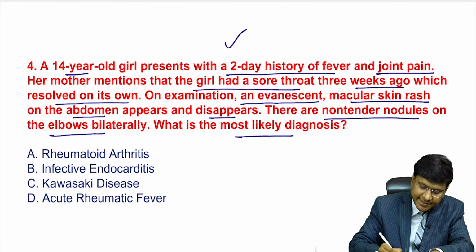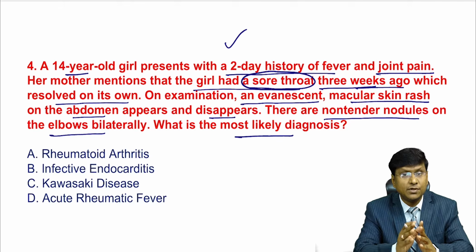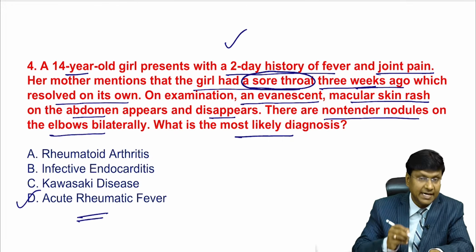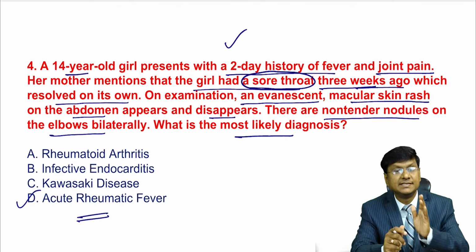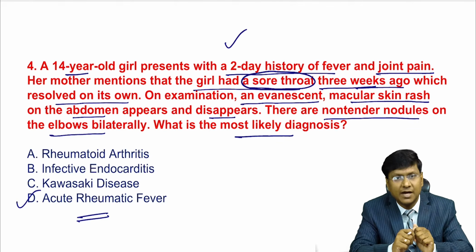So here the individual has a history of sore throat 3 weeks ago, which is very much suggestive of acute rheumatic fever. Acute rheumatic fever is a multi-system inflammatory disease that is a delayed sequela of group A beta hemolytic streptococcal infection.